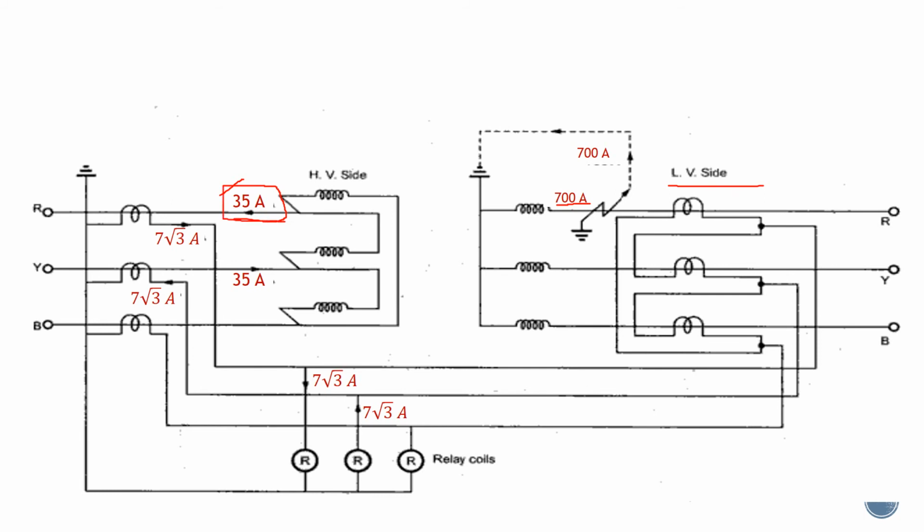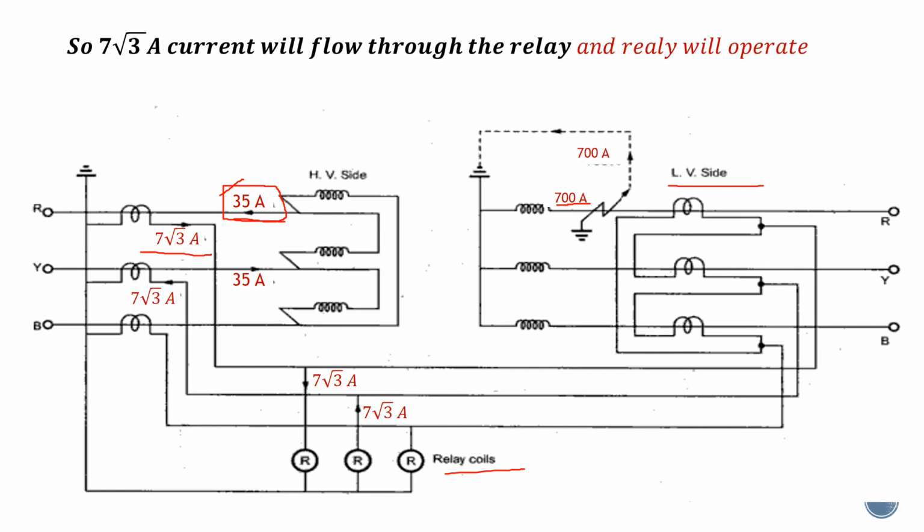And with the help of the CT ratio, that is 5 by √3, we have calculated the CT secondary current, and it comes out to be 7√3 ampere. Now this CT secondary current will be flowing into your relay coils, and thus the relay will operate in this case.